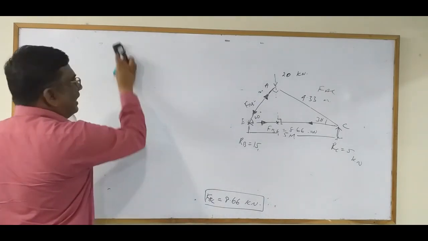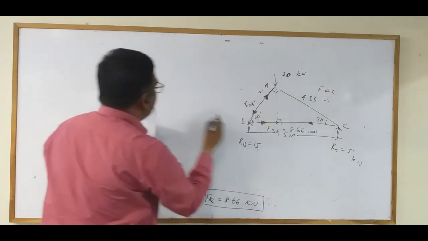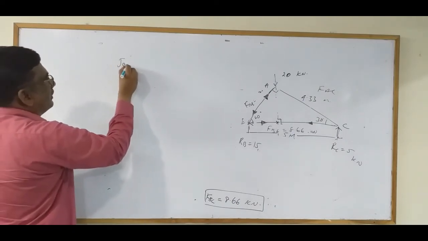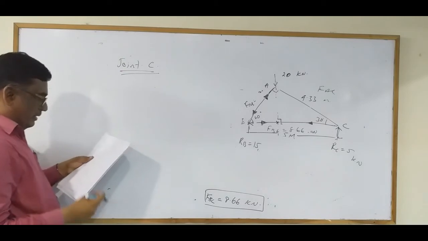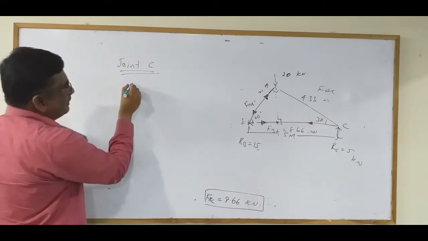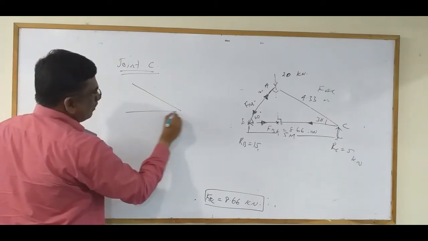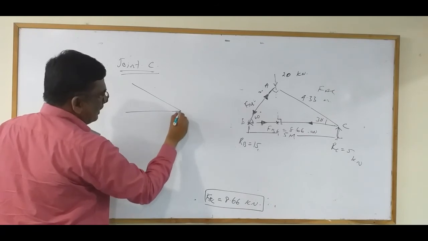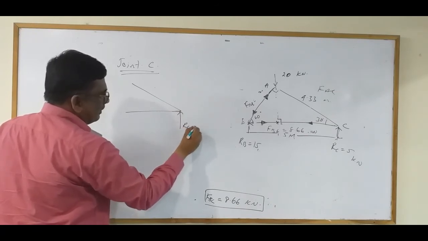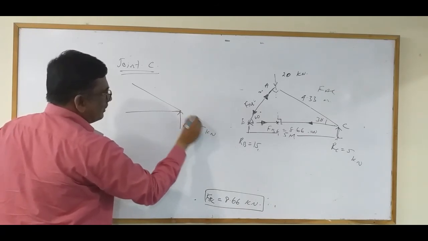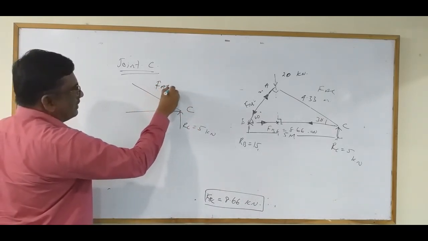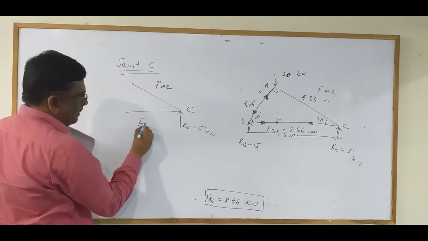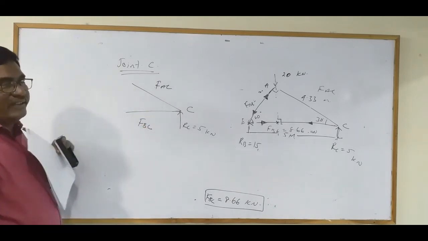To find out the value of FAC, consider joint C. So it is like this. Value of RC is 5 kilonewton, this is C, this is FAC, this is FBC.